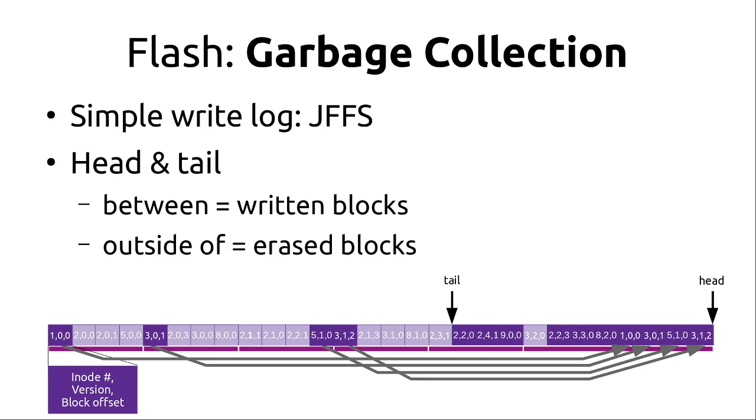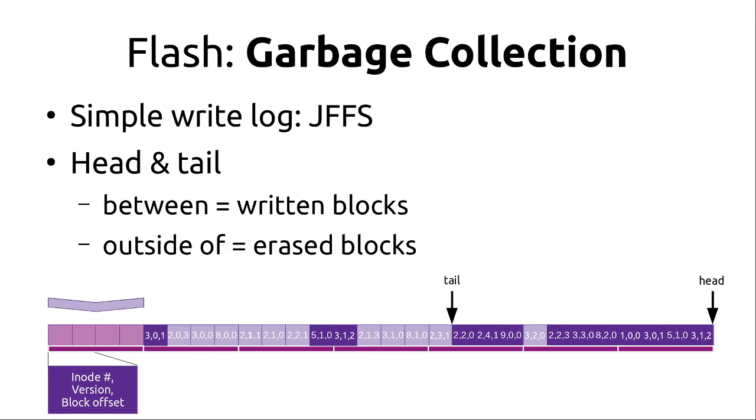At this point, we know that we have the new data at the end of the disk, basically right before the head. We might increment the versions for all of those. This is kind of just details that we could work out. But at this point, we know that between the head and the tail, there is empty data. So what we're going to do is go through and erase that node.